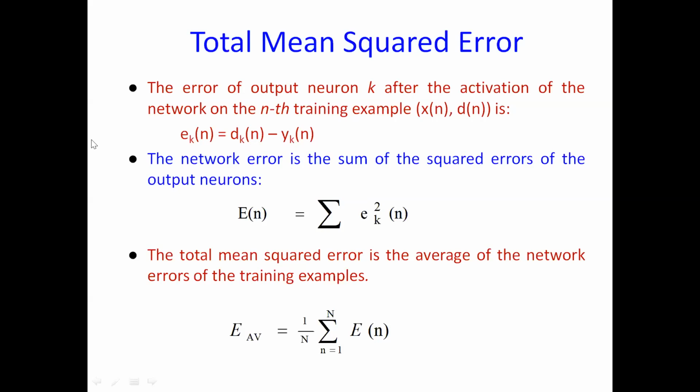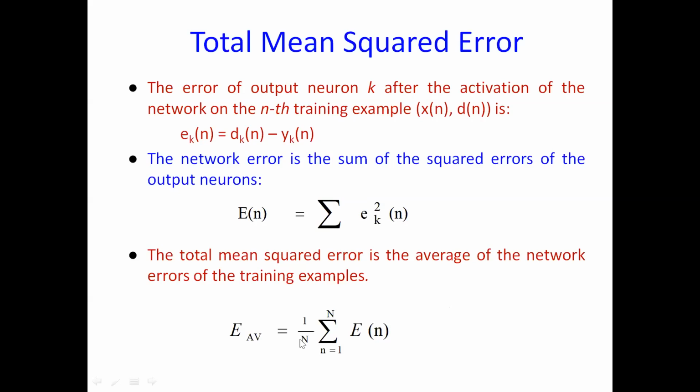As we can see from the previous slide, the network error is the sum of the squared errors of the output neurons, where En equals the summation of ek square n. And the total mean square error, which is the fundamental one we are looking for here, is the average of the network errors of the training examples.